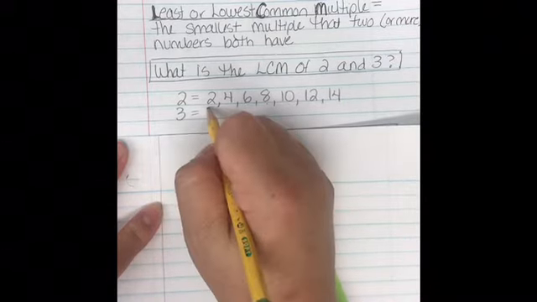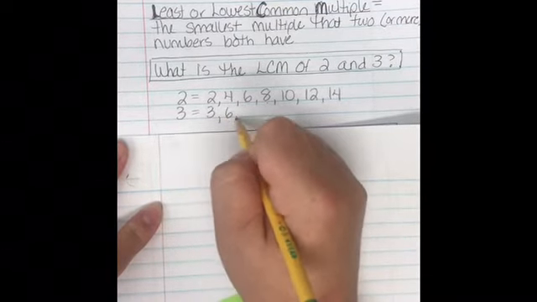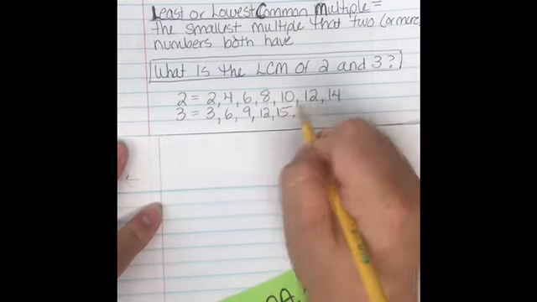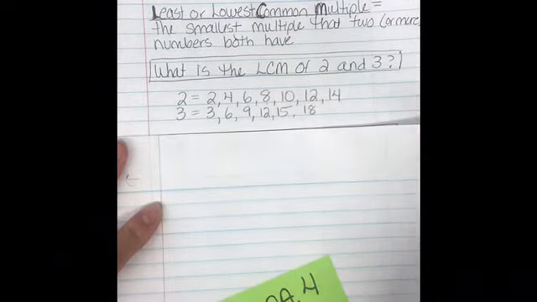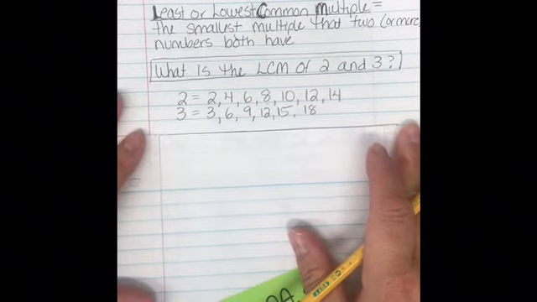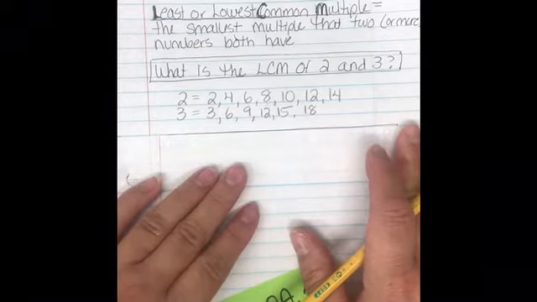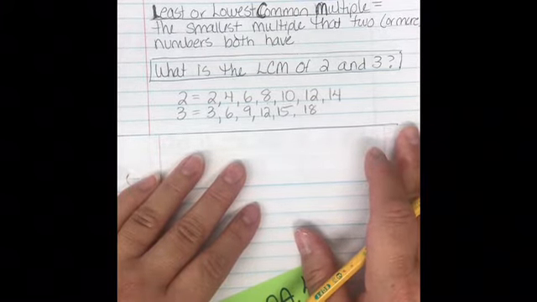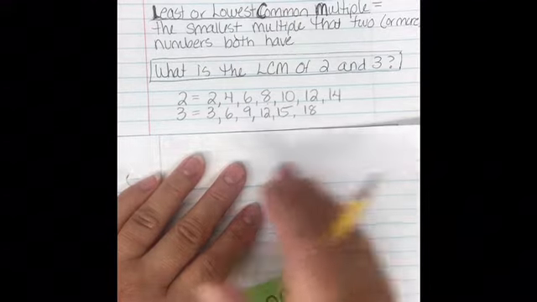Then I'm going to do that for 3. You could go on if you needed to. Once you have the first 5 or 6 multiples for each number listed, you're going to stop. What you're looking for is the lowest or smallest number that they both have as a multiple.